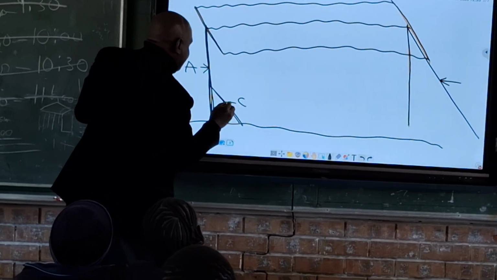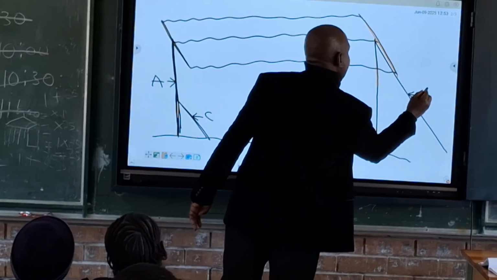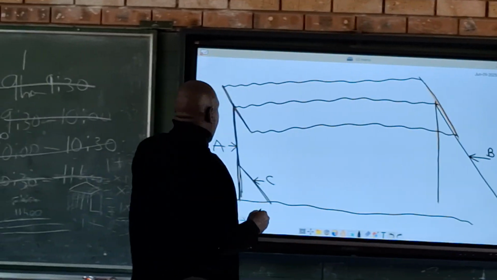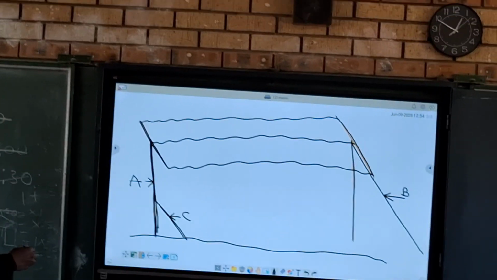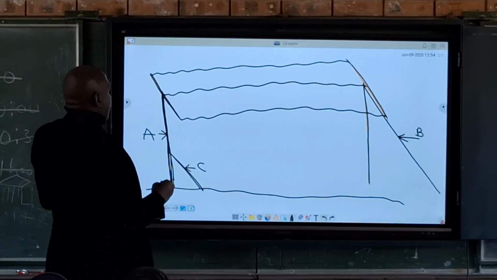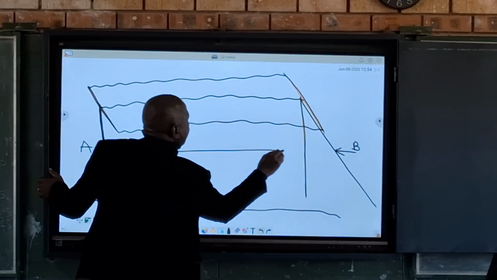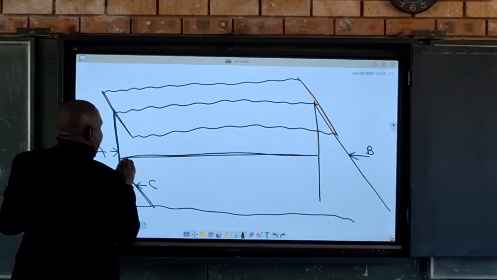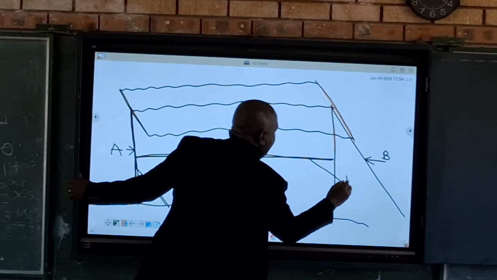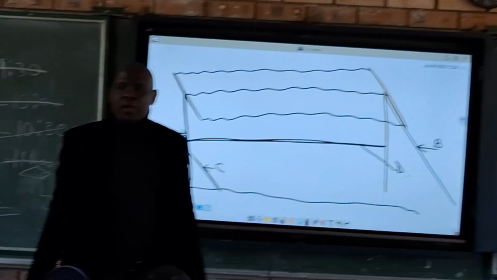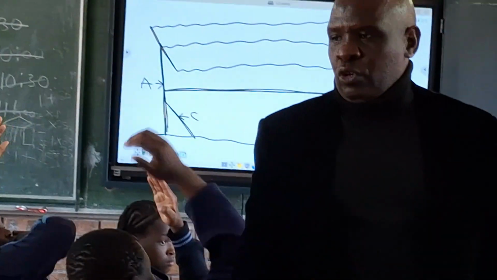It is number C. This one is number B. She also makes something of this nature on top, and we call it number D. Now, let us label those parts one by one.